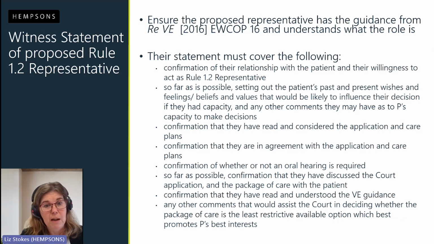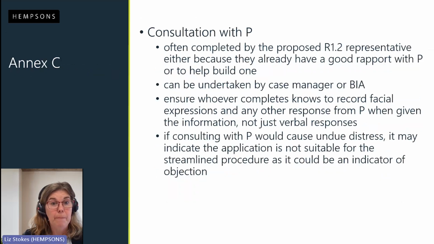They should also really be able to confirm that they've read and understood the VE guidance, which sets out how they will continue to monitor and undertake their role as proposed 1.2 rep. That 1.2 rep is then put forward as the person who acts on behalf of P.